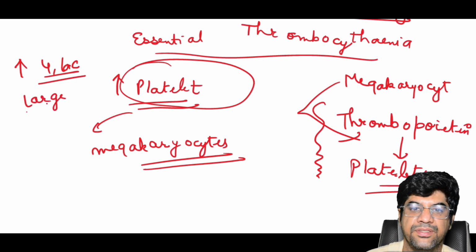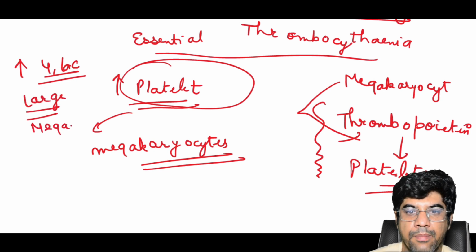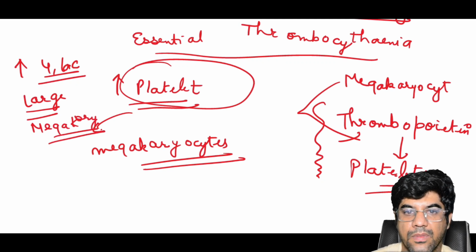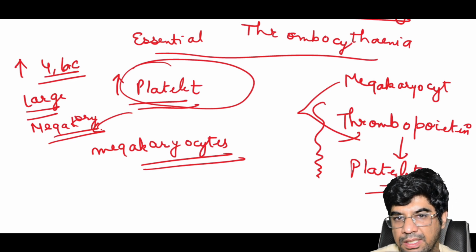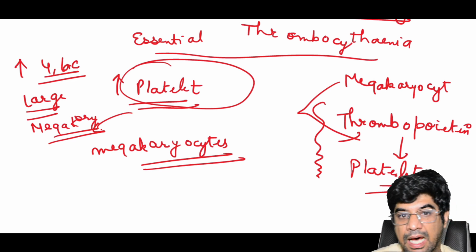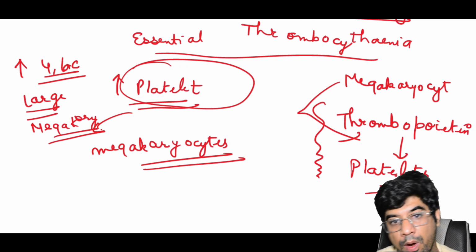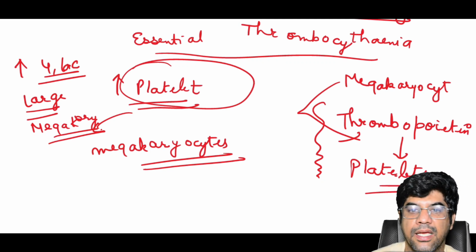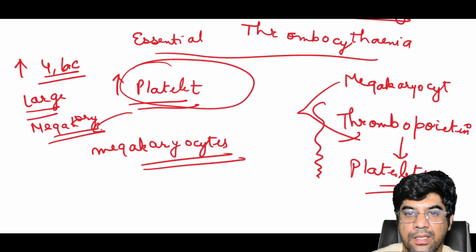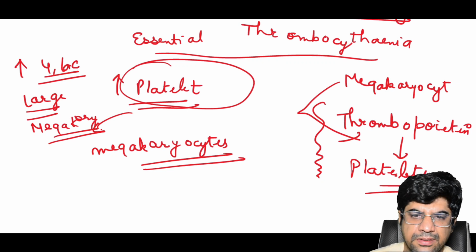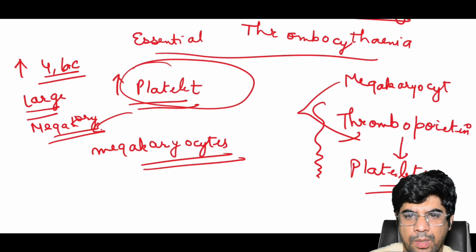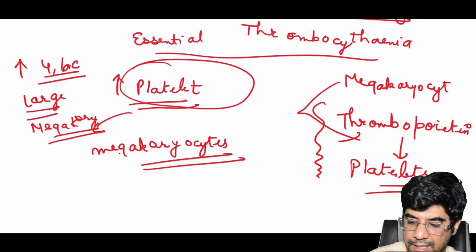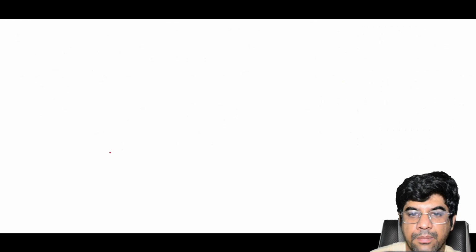On blood film, you will see large platelets, megakaryocytes, fragments, etc. A bone marrow examination would reveal a large number of hyperdiploid megakaryocytes and increased fibrosis. The treatment: it runs a benign course and may not require therapy. Treatment might be indicated if the platelet count is more than 1 million.